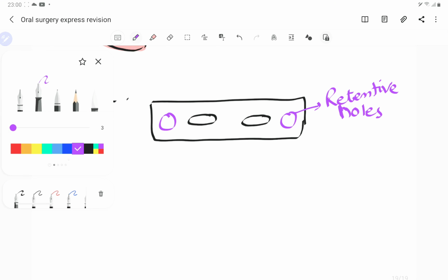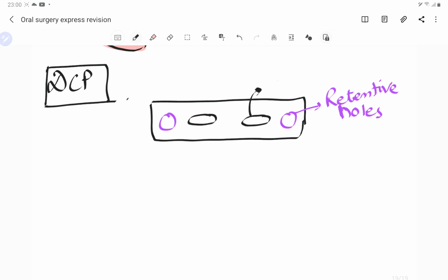The compression holes are oval in shape, and we put the screws here distally so that there is a window to slide over these screws. So first of all we put the compression screw, then we put the screw in the retentive hole.